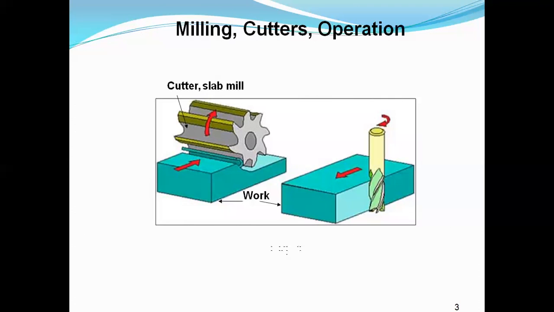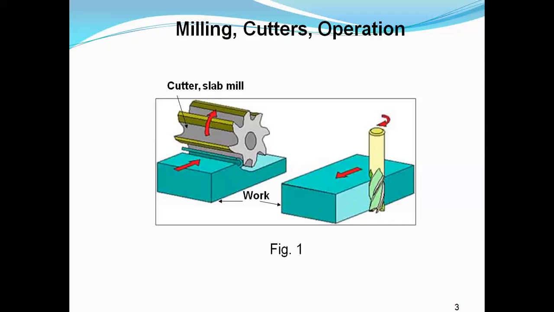In the diagram, you have observed two types of milling cutters. Observing this diagram, we can easily tell that based on our functional or operational requirement, we use different types of milling cutters.